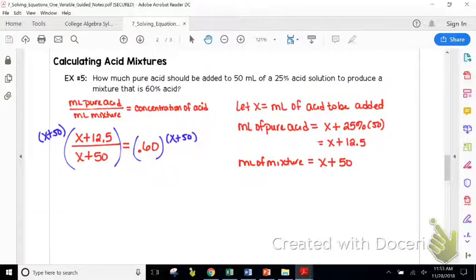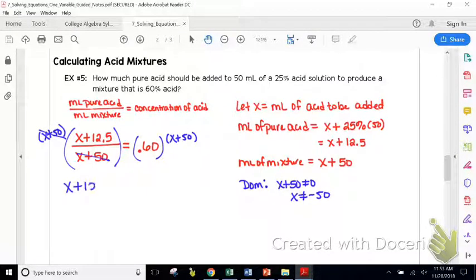Your denominator is X plus 50, and it cannot equal 0, right? So X cannot be negative 50. But we shouldn't be putting a negative amount of acid in anyway, should we? So we shouldn't have to worry about that on this.